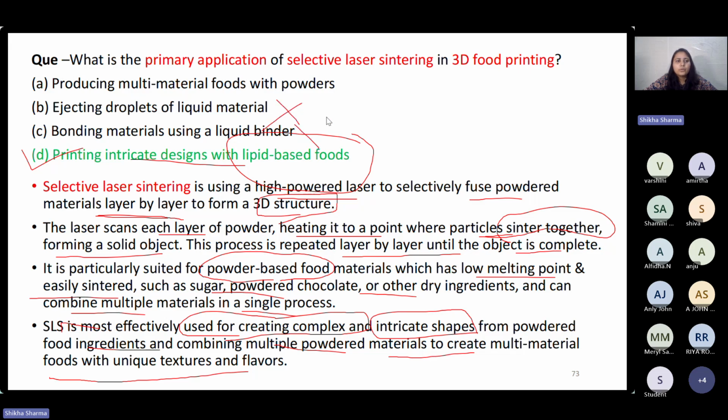Also, it doesn't use any liquid binder. The primary application, printing that integrates design with lipid foods, is what it is basically used for, and also producing multi-material foods with powders. It makes food products with powder, but the main application is D.